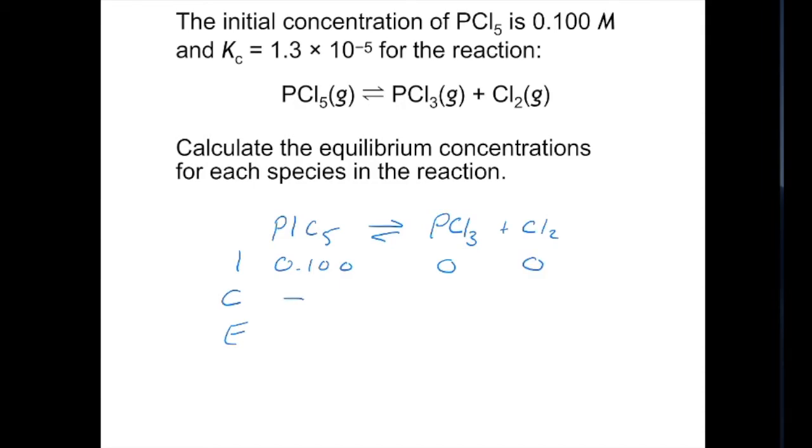We're going to lose some PCl5, we're going to gain some PCl3, and we're going to gain some Cl2. Since our stoichiometry is only 1 for each of the reactants and products, we don't need any more than a minus x and a plus x in our change row. Now our equilibrium condition, 0.100 minus x for PCl5, x for PCl3, x for Cl2.